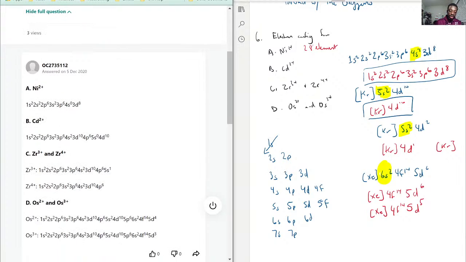Then Zr3 and Zr4, that's where we have this. I believe this one's a little more complicated because what I did here, I kept the d orbital and decreased the s orbital.